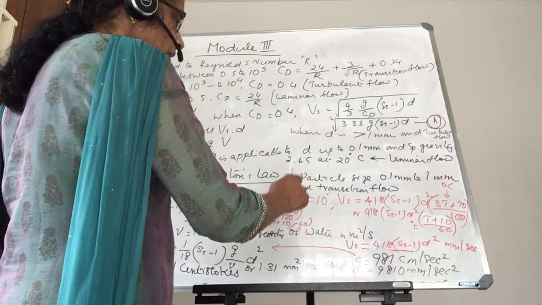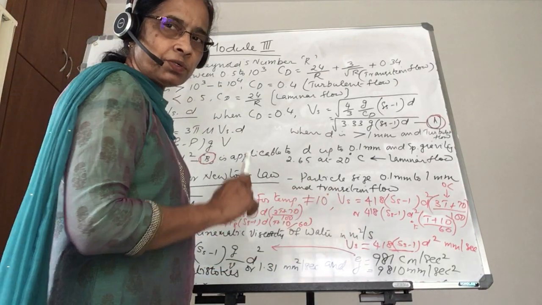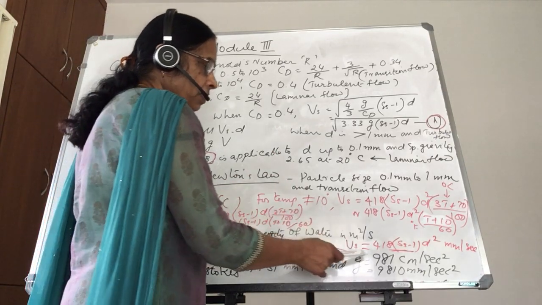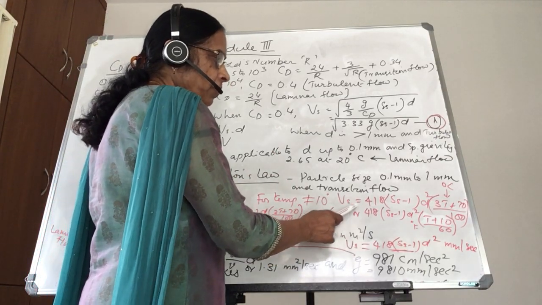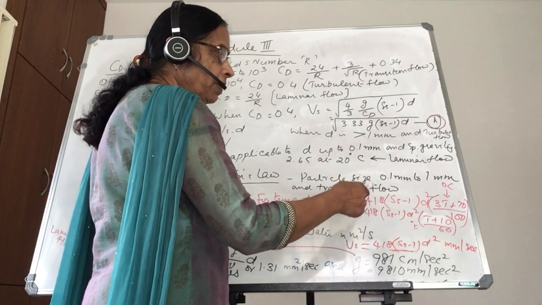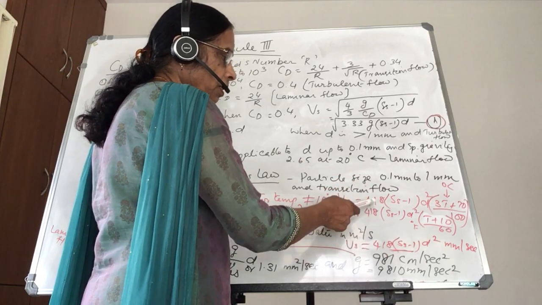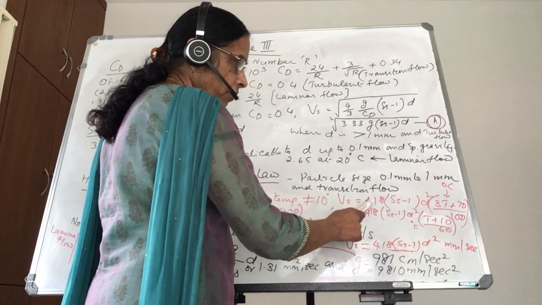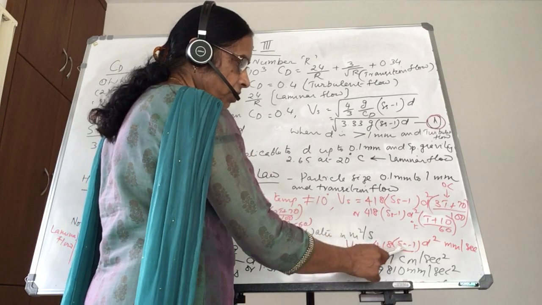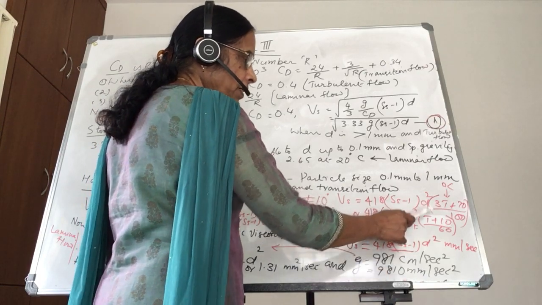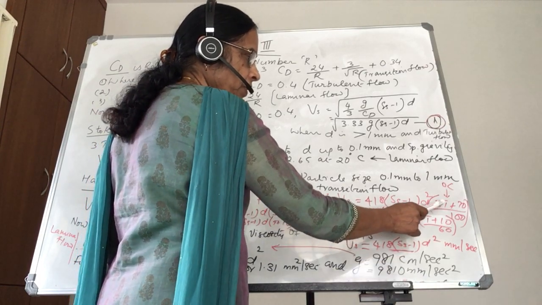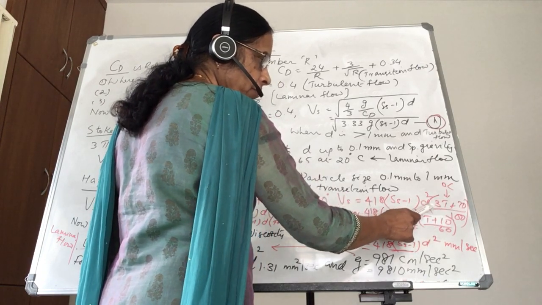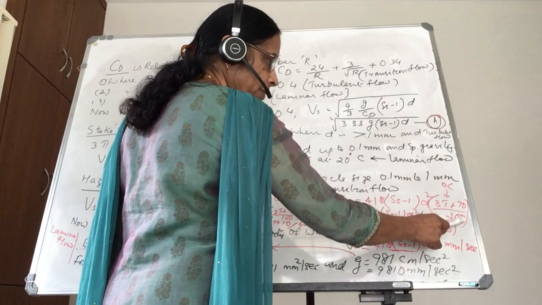If the temperature is not equal to 10 degrees centigrade, then we modify the same equation. Vs equals 418 into (Ss minus 1) into D squared, and then multiply that equation with another factor, (3t plus 70) by 100.